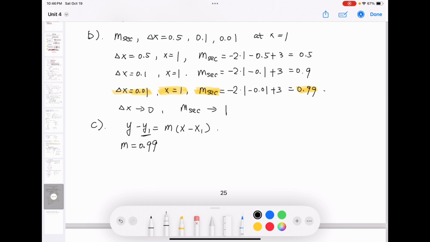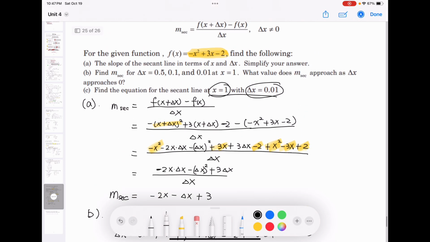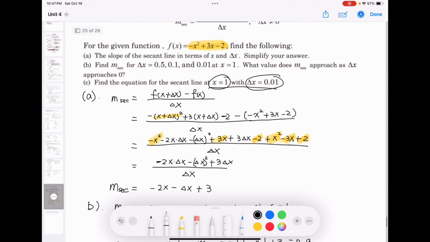And what is my point? For this one, the x is equal to 1. Can you find y's value? Yes, because y is equal to f of 1. We can bring the 1 to the function here.